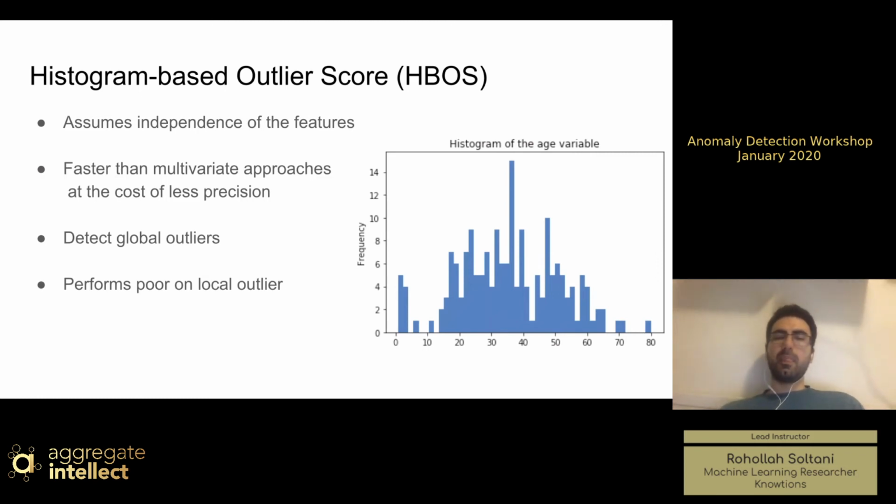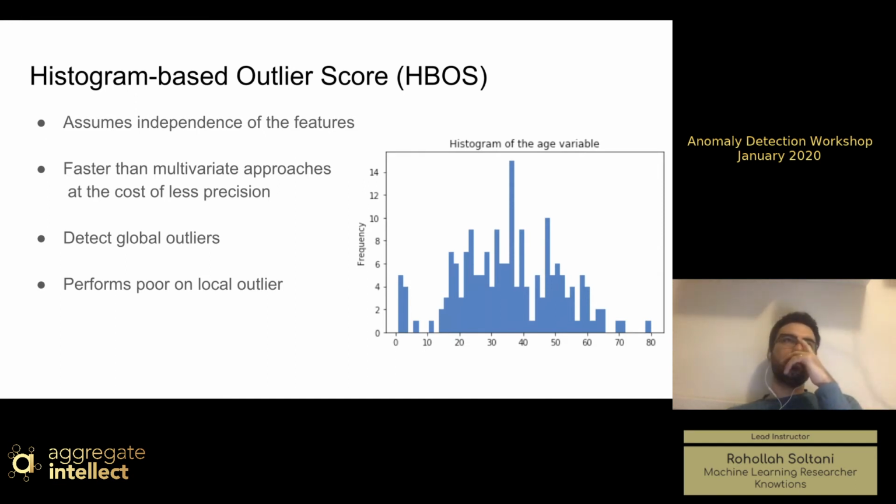So that's one of the even famous and old techniques that you can use to tell what's normal and what's not, just based on the histogram of the data. The first one was a parametric one. This one was a non-parametric one.